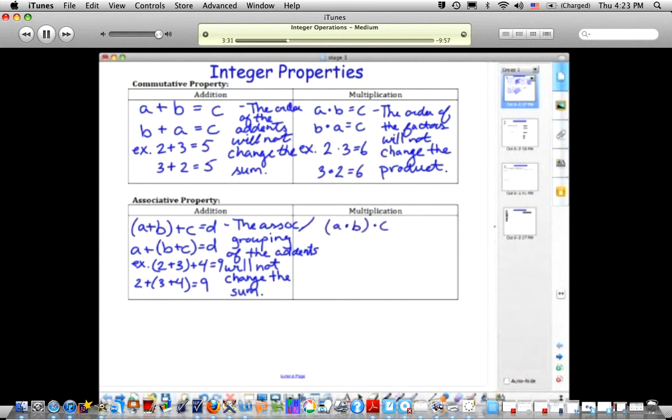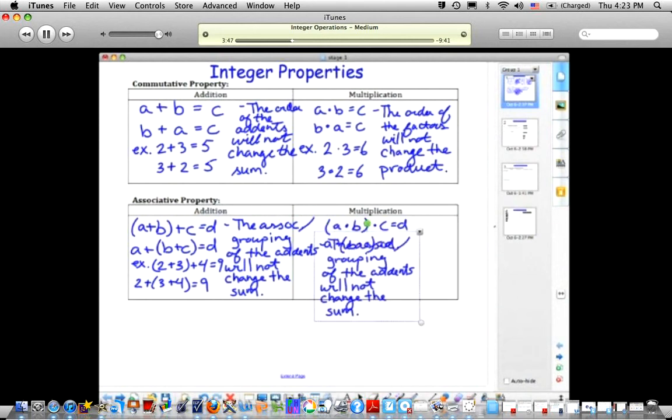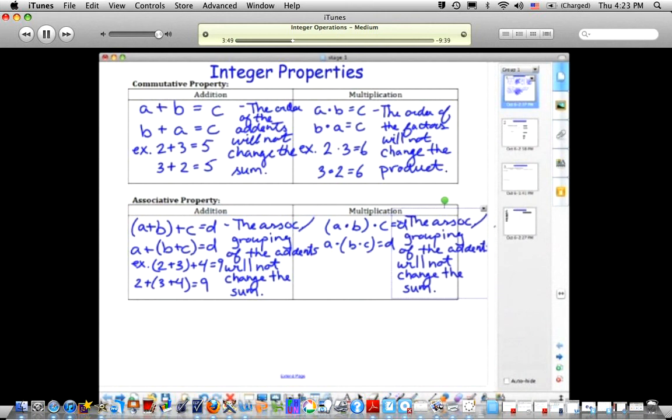Similar to the commutative property, the associative property for multiplication is the same as addition. It's just using multiplication. So A times B times C equals D, with, of course, the position of the parentheses changing. And once again, this is really about the association or grouping of, instead of addends, we're talking about factors, and how this will not change or not affect the product or the solution to the multiplication equation.